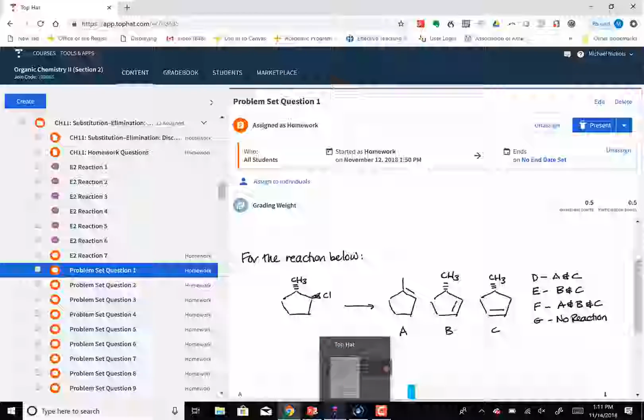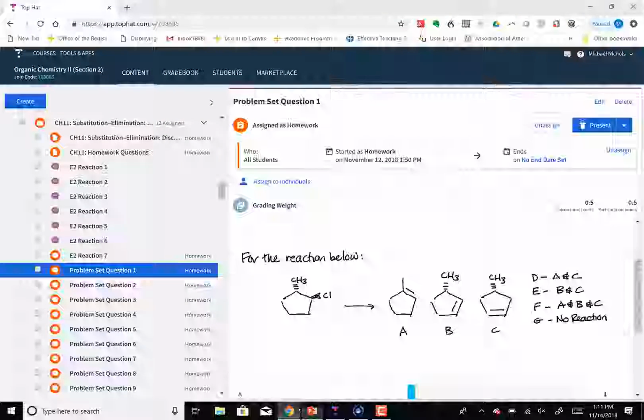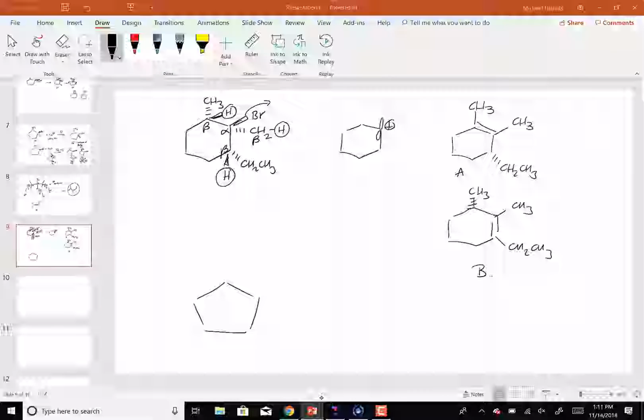So for this one, I did say something about 5-membered rings versus 6-membered rings. I can change a 6-membered ring to a 5-membered ring, and I basically get the same problem, except it's perceived as a brand new problem.